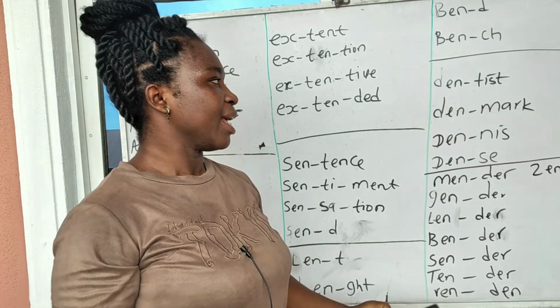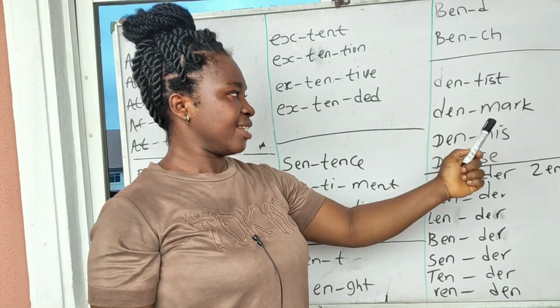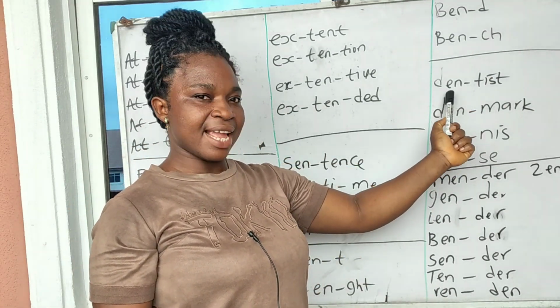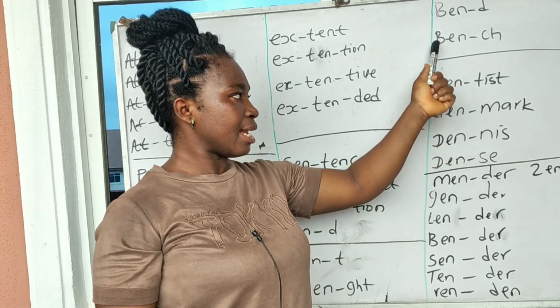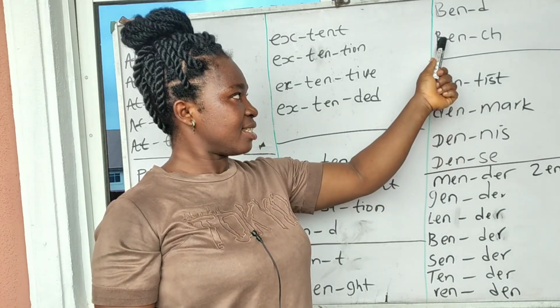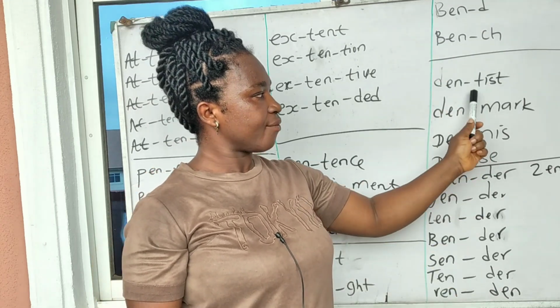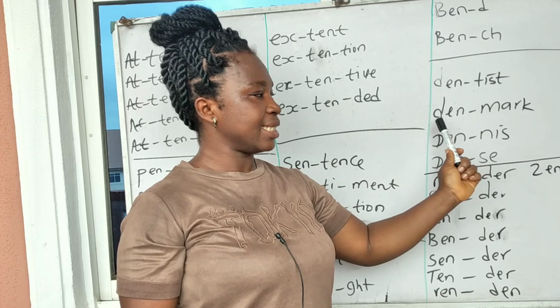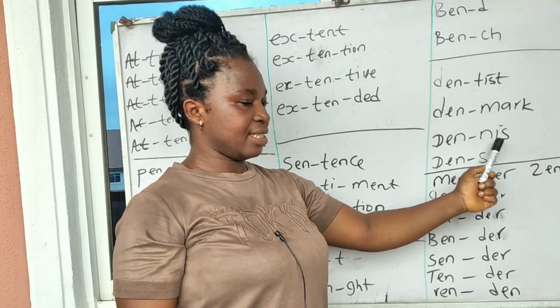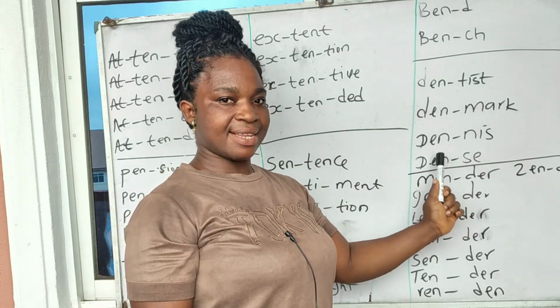Now we have dentist. This is den. The difference between this and this is D and B. This is D, den. This is B, ben. Okay, we have dentist, Denmark, Dennis, dense.